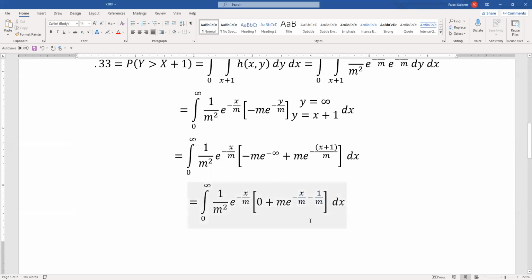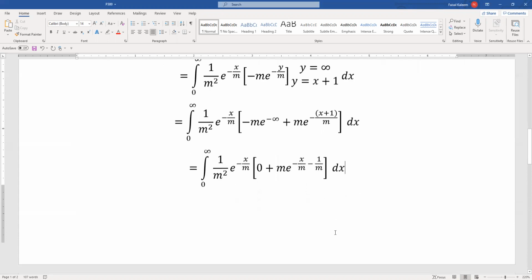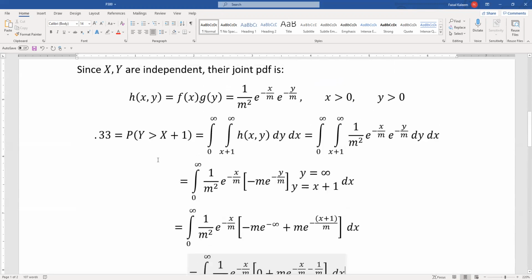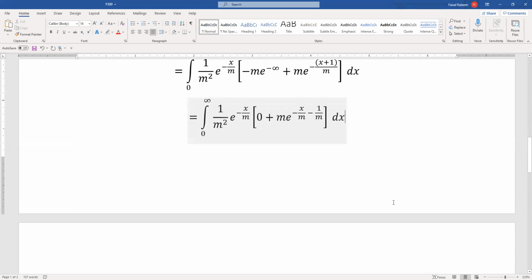Here I have 1 over m squared and this m, so they cancel, and I just get a 1 over m, which I can pull outside. All this was equal to 0.33 all along. Adding the exponents, I get e to the negative 2x over m minus 1 over m.